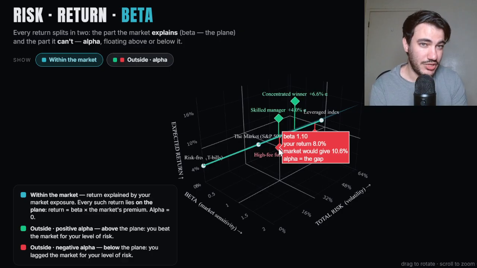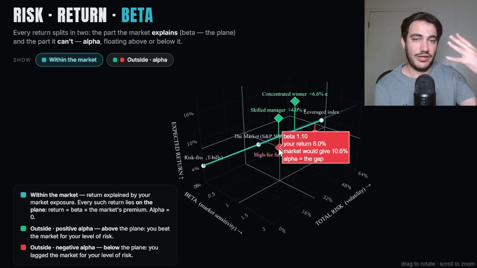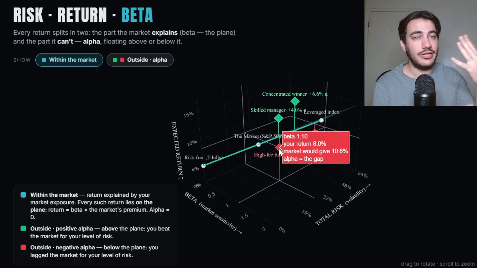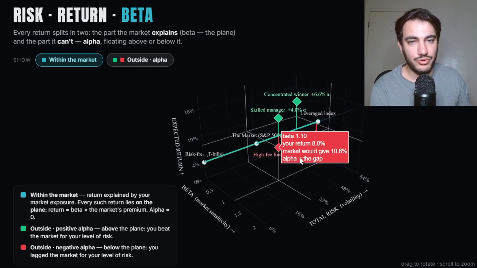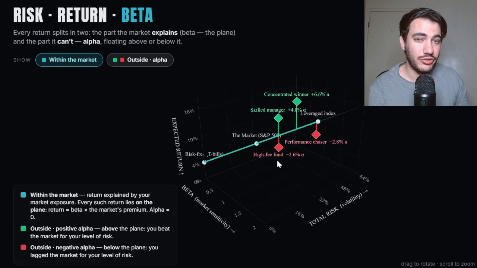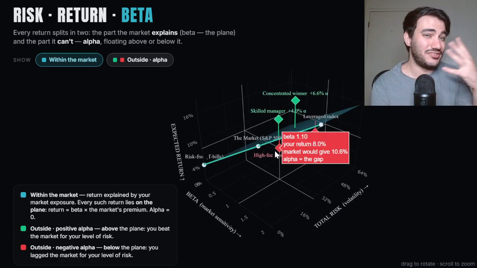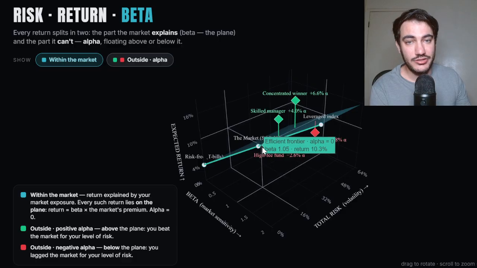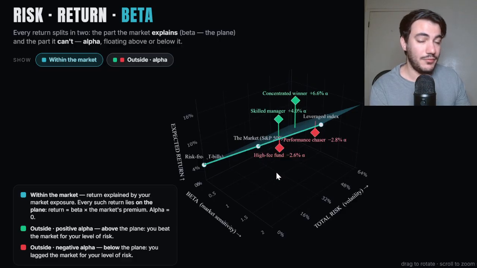SPY is 100% risk of the market, but because you have extra fees there and these are typically manually managed funds, they tend to underperform. What ends up happening is you're going to lose about 2.86% alpha, meaning you're underperforming. And this fund is not necessarily negative. This doesn't mean you're losing money on this investment, but what it does mean is that if you were to buy the SPY instead, you actually get a higher return for the amount of risk you're taking on.